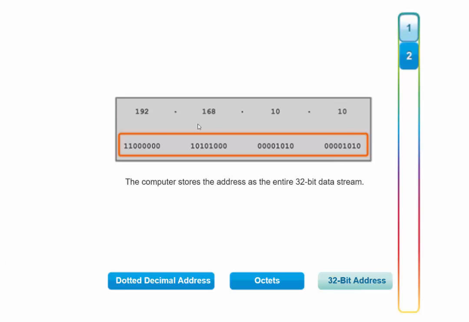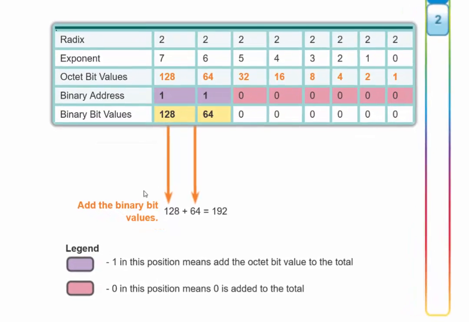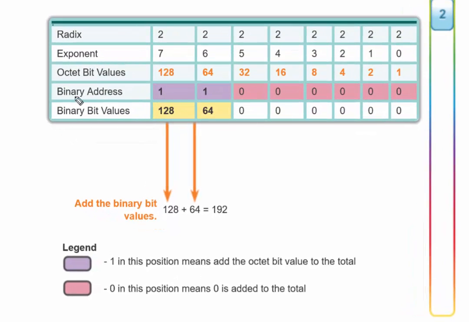In order for us to deal with IP address version 4, we need to be familiar with how to convert octets from binary to decimal, from decimal to binary, and so on. That's a very important task that we need to learn together. For example, here we have represented 192 as 1 in the most significant bit, and then 1 in the bit next to it, and then the rest will be 0.